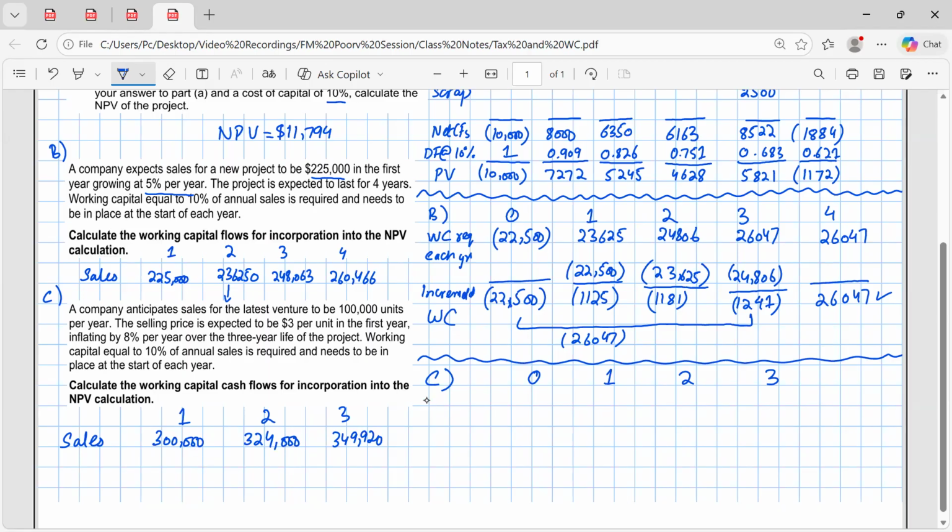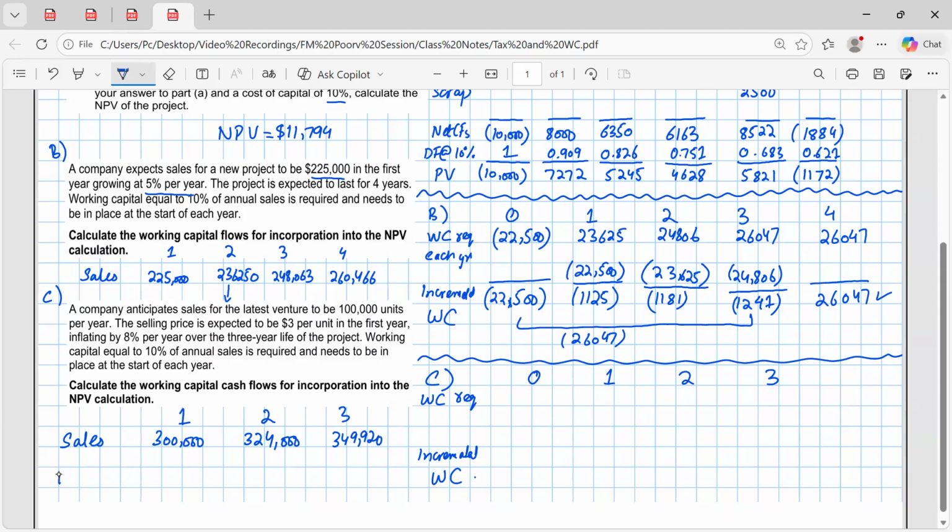So let's calculate the working capital. What is the working capital requirement in year zero, how much do you need to invest? Working capital is equal to 10% of the sales, and in year zero you will invest what is required to support the operations of year one.